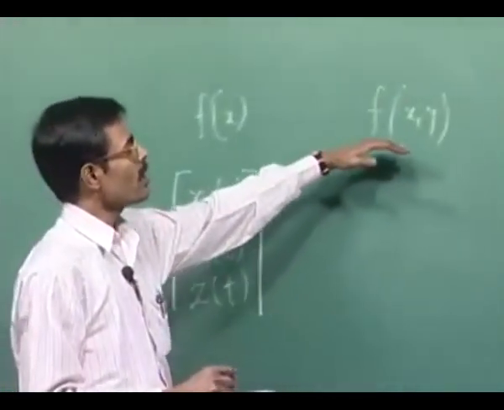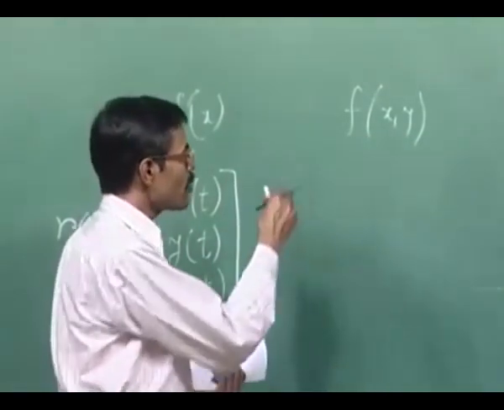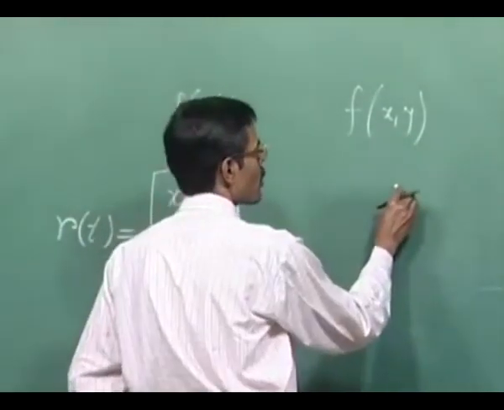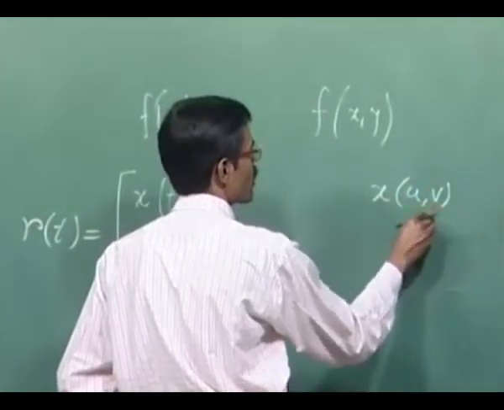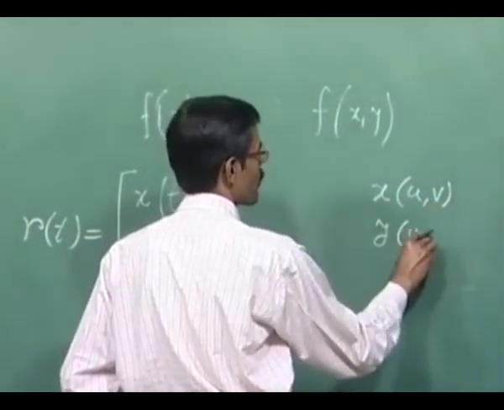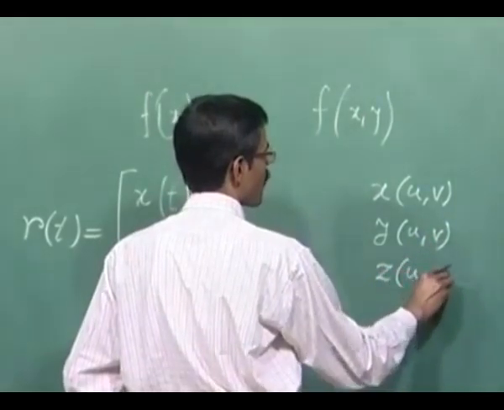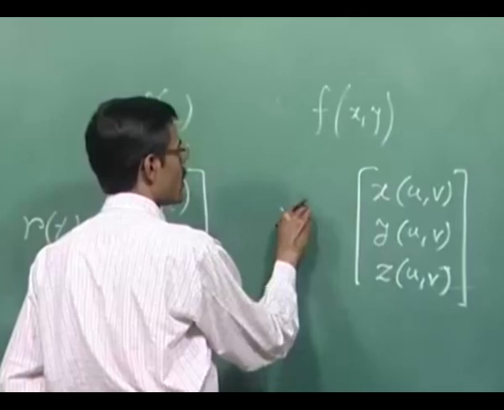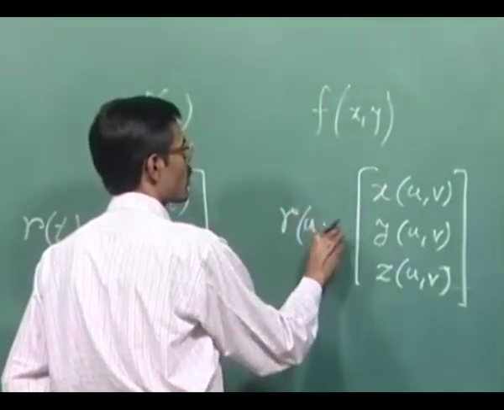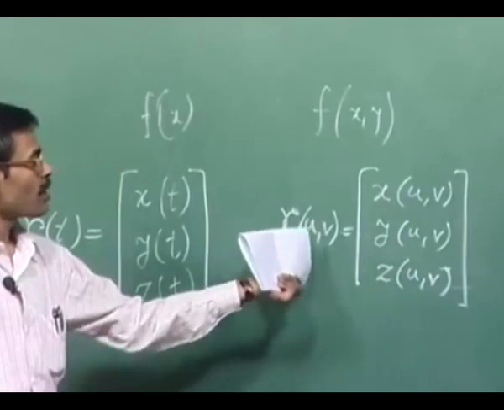Similarly, with the bivariate functions that we have been talking about, we can model triplets of such functions, that is, vector functions of two parameters u and v.